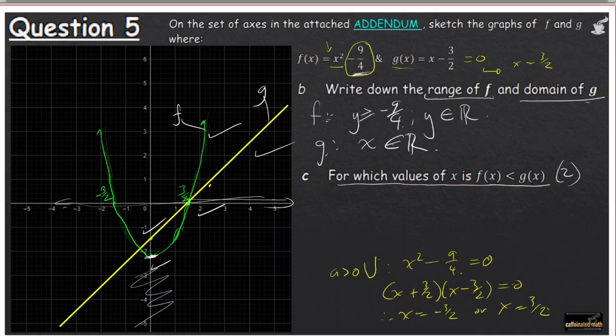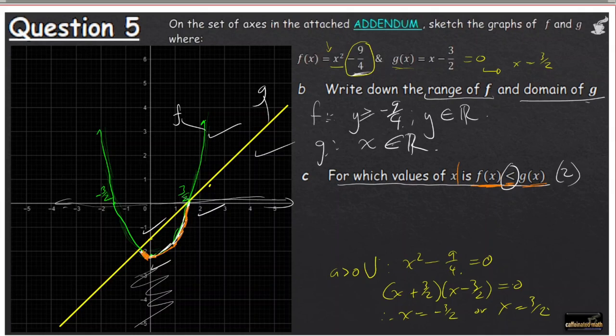And as we can see, this is the part that satisfies this kind of inequality, that being less than. So we want the part where f is less than g. Visually, we want the part where f is under g. And again, I'm going to trace over this white part with some orange again.